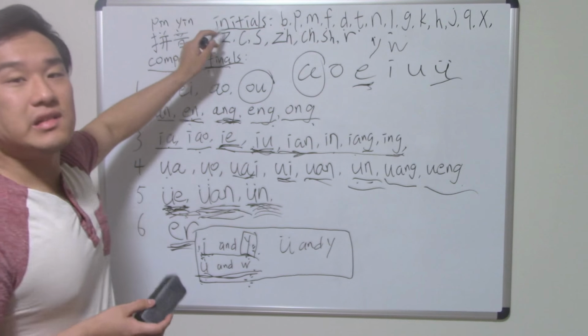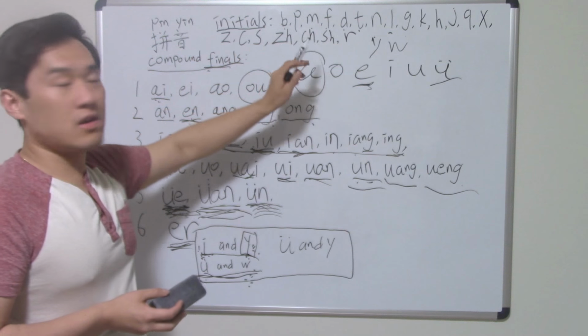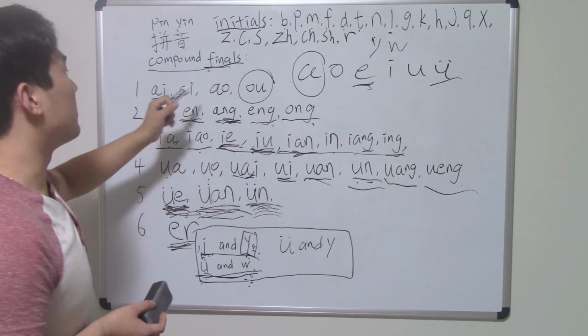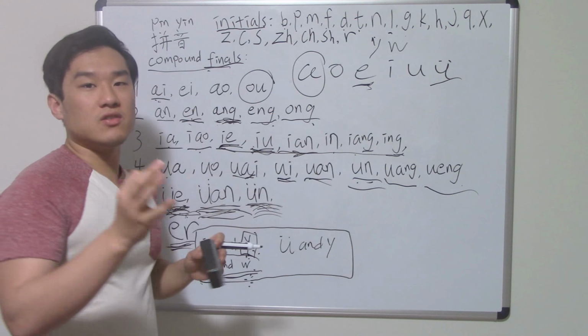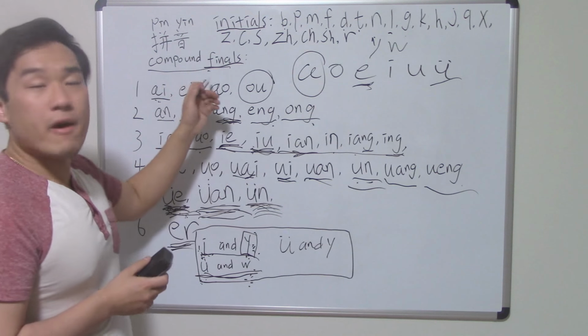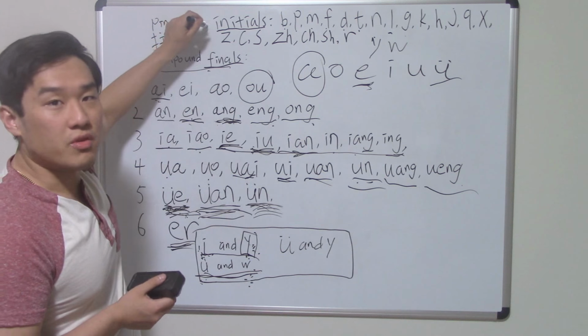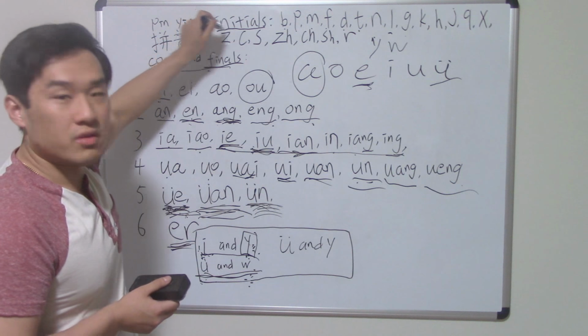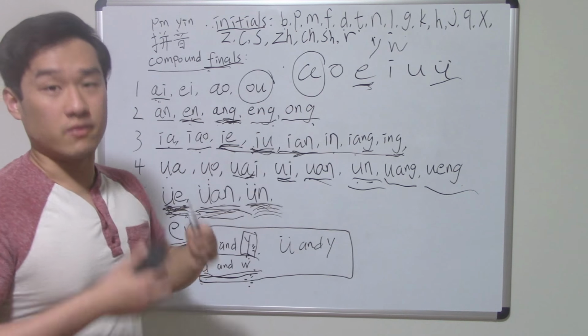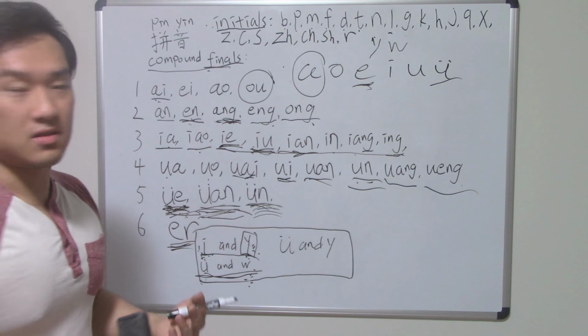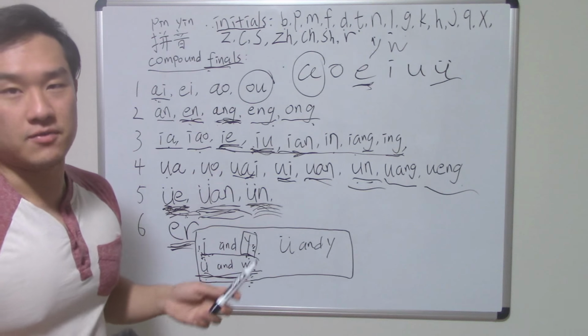So initials by itself is not gonna work. So basically 3 ways, okay? Either initials with compound final, or initials with a single final, or just single final or compound finals by themselves, if that makes sense. Okay, whatever character you have to write.